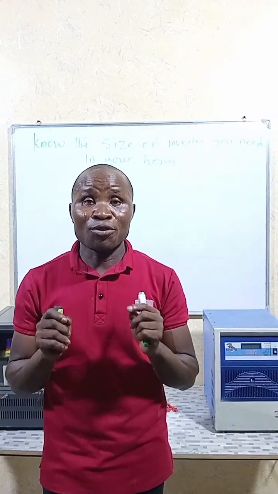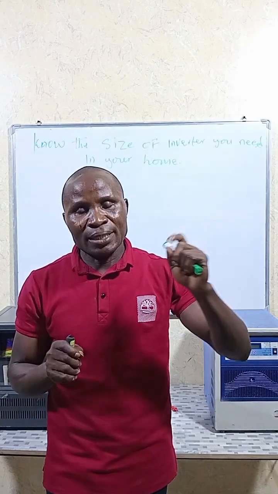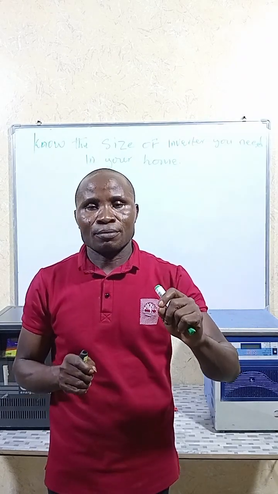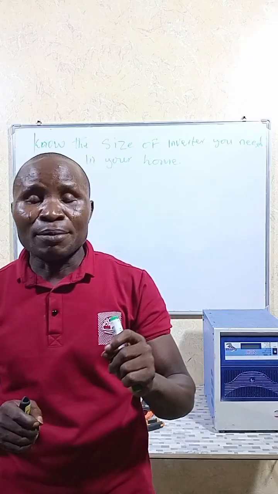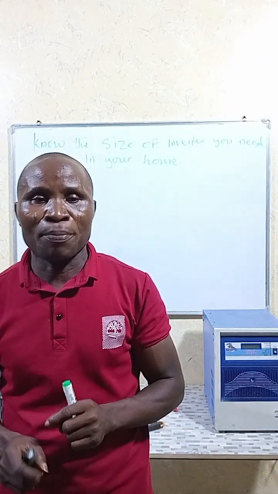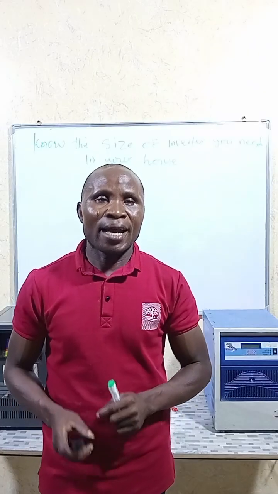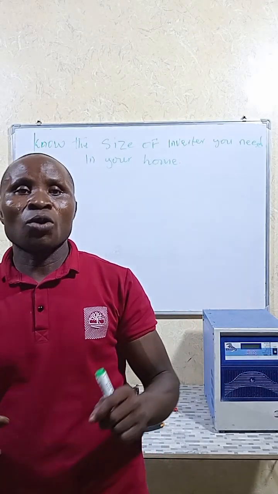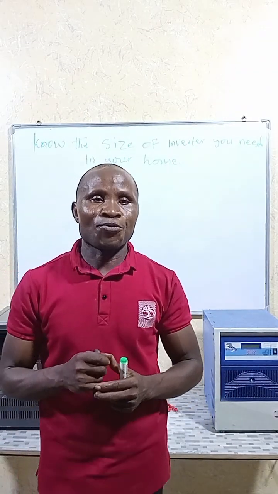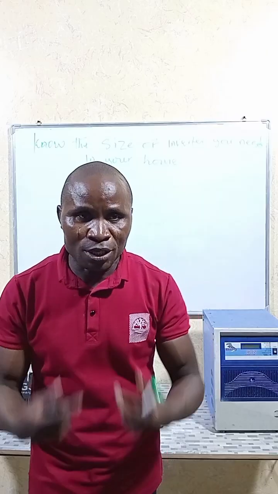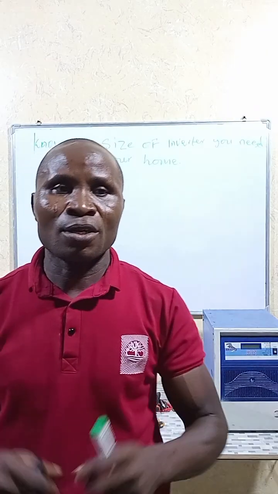But if you cannot, just total the numbers of the power you use. Those wattages are the number plates of every electronic. So for example now, we want to give a little design for a small size of inverter tonight, so that we can use it to get the big one.